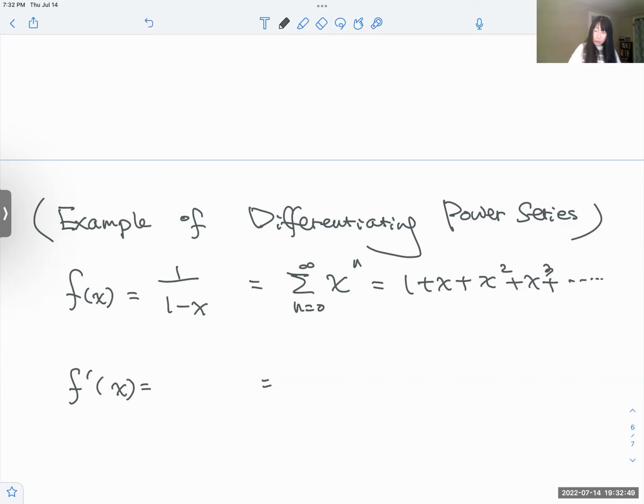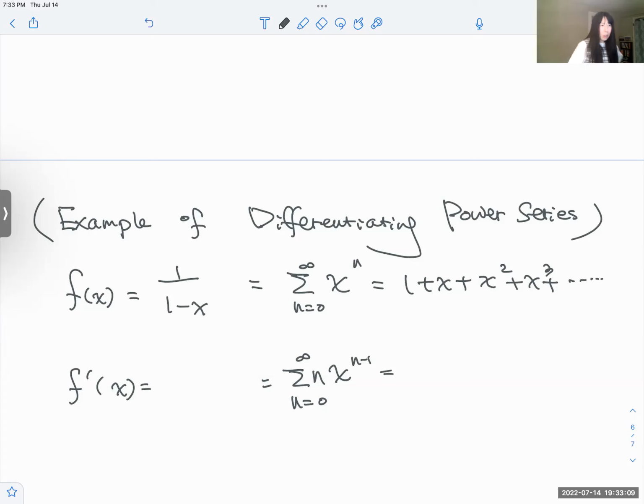Okay, so derivative term by term. Is it n x to the power of n minus 1? Okay, so we do the sum from n equals 0 to infinity, x to the n minus 1, dropping the power.